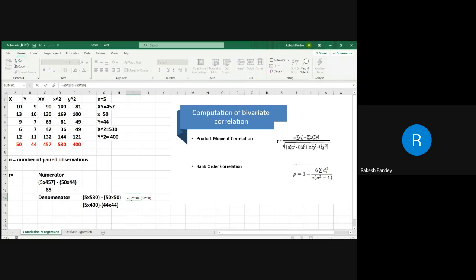If you are writing this type of formula, count the brackets. From this side there are 1, 2, and 3. From this side there are 1, 2. So we will put one more bracket and then enter. This is the value, 150.